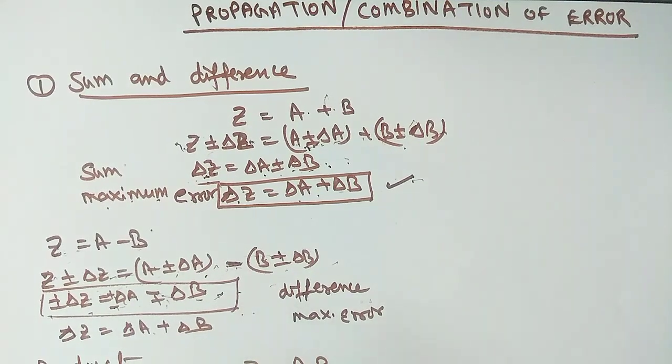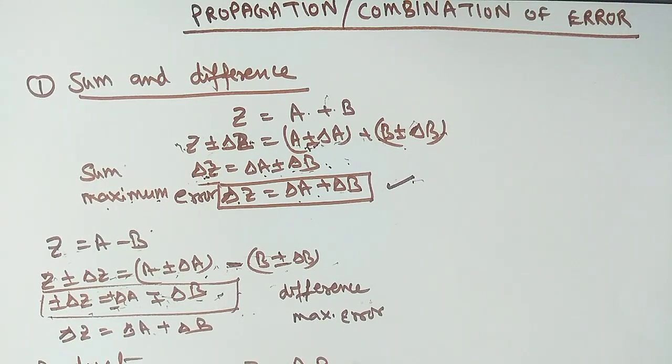Now we take the case of the product of two physical quantities, say A and B. So Z is equal to A into B. We can take it as an example.